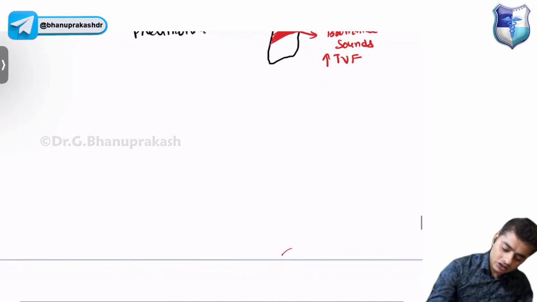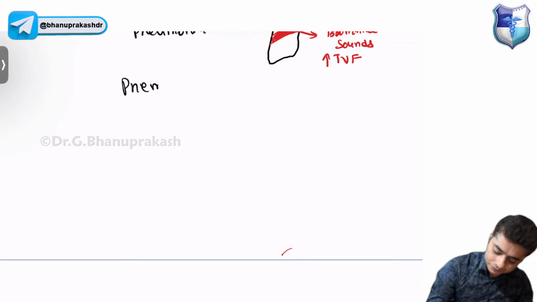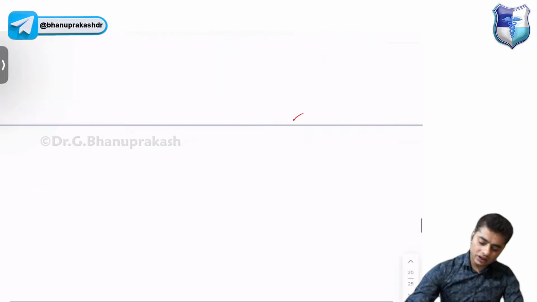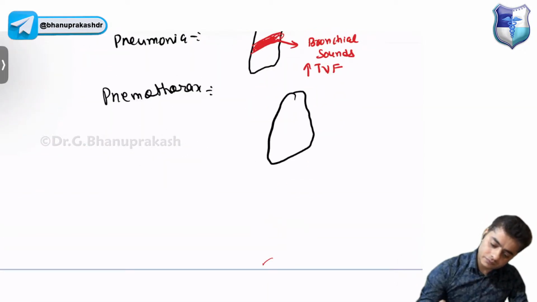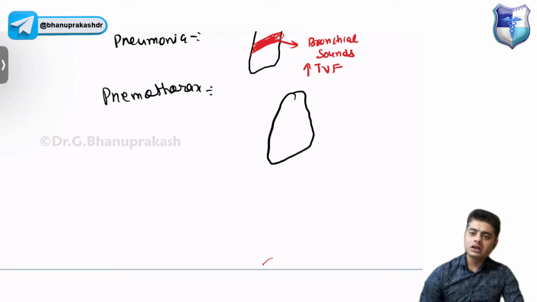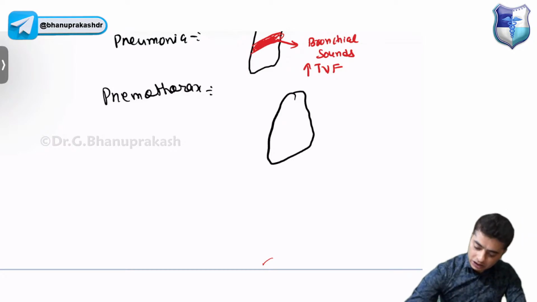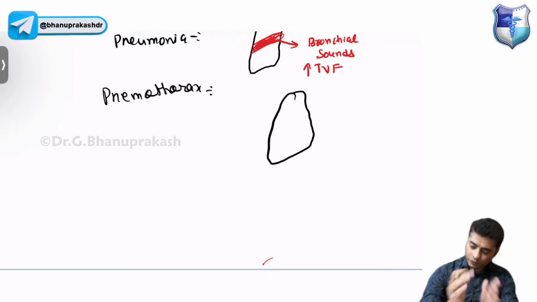Okay. Next is your pneumothorax. Now, what is happening in pneumothorax? Suppose this is your lung. Okay. Now suppose tension pneumothorax is there. So air comes in between the two pleura.